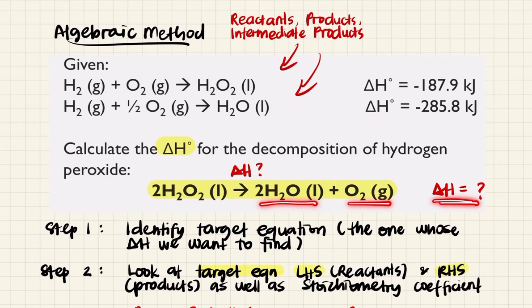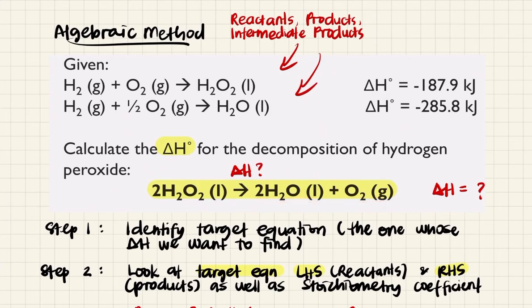So step 1, we want to identify the target equation. This is our target equation, the one whose delta H we want to find. And then we are going to look at the target equation's left hand side and right hand side. On the left hand side you have 2 moles of H2O2, hydrogen peroxide, as our reactants, and 2 moles of water and 1 mole of oxygen gas on the right hand side.